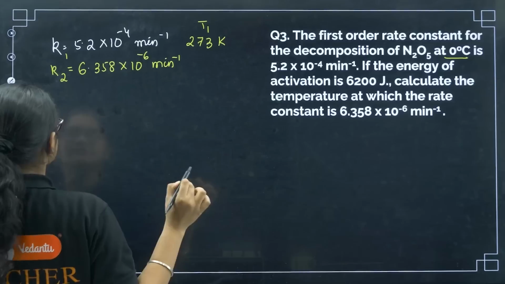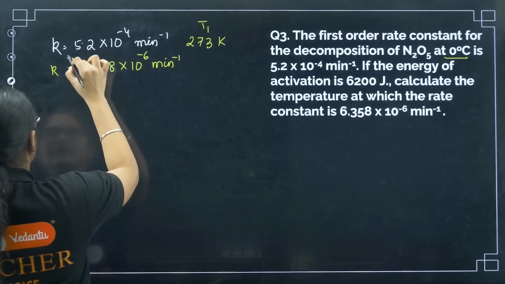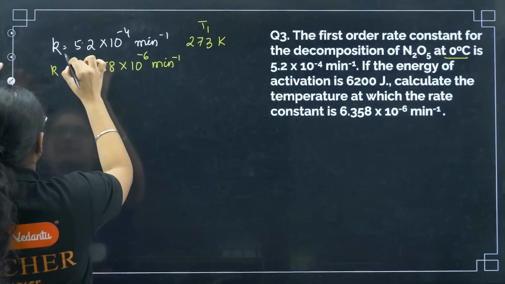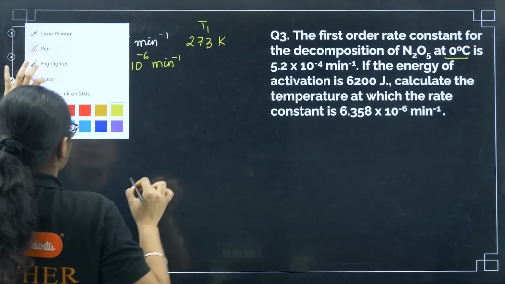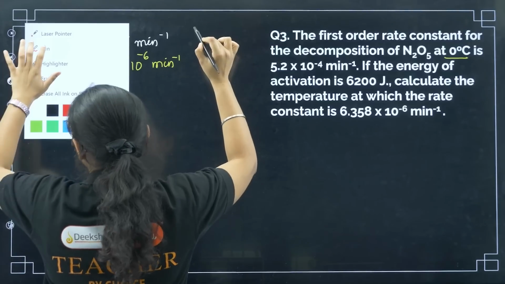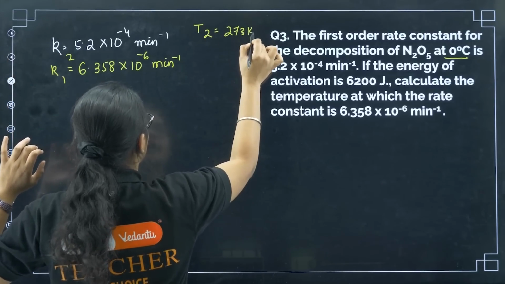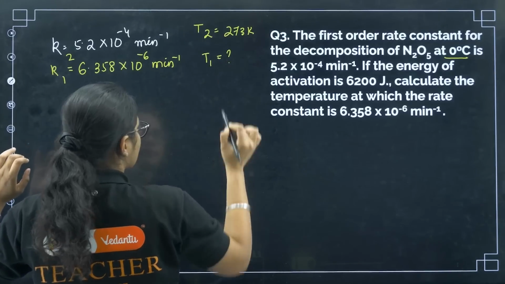So this is the lower temperature, so I will take the one with the higher temperature as K2 and this one as K1, and this one is your T2 value. T2 is 273 Kelvin and I have to find T1.